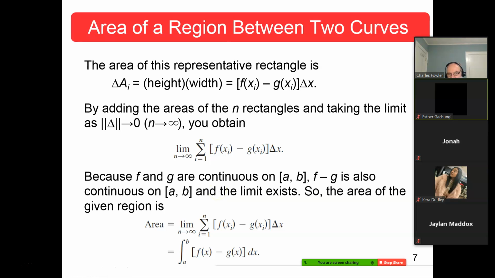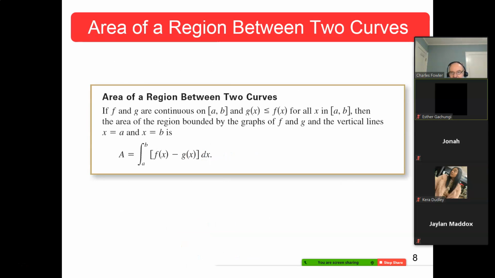Because f and g are both continuous, f minus g is continuous, the limit exists, so the area is given by that. Any questions? A lot of blah, blah, blah. So here again, they're going to say the same thing again.